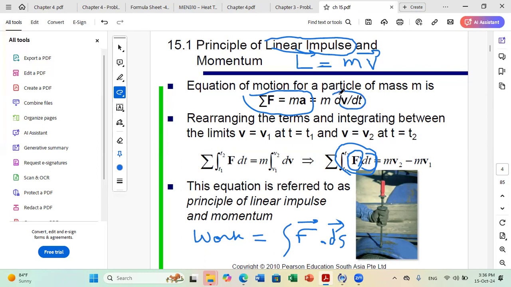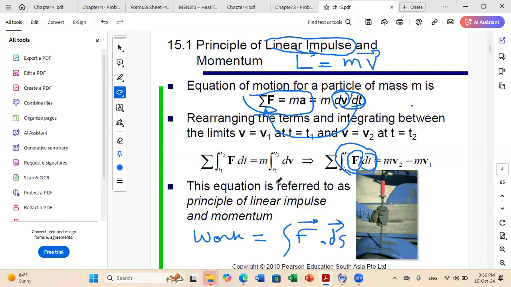So the sum of forces can be written as mass times dv over dt. As you can see here, the two variables of interest are velocity and time. So if you take the time variable to the other side, doing what we call separation of variables in mathematics, you end up with sum of F dt equals m dv.